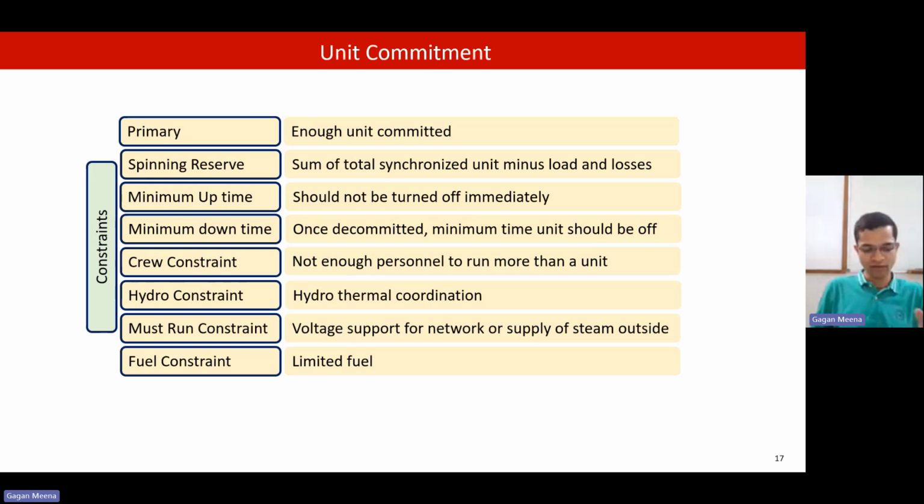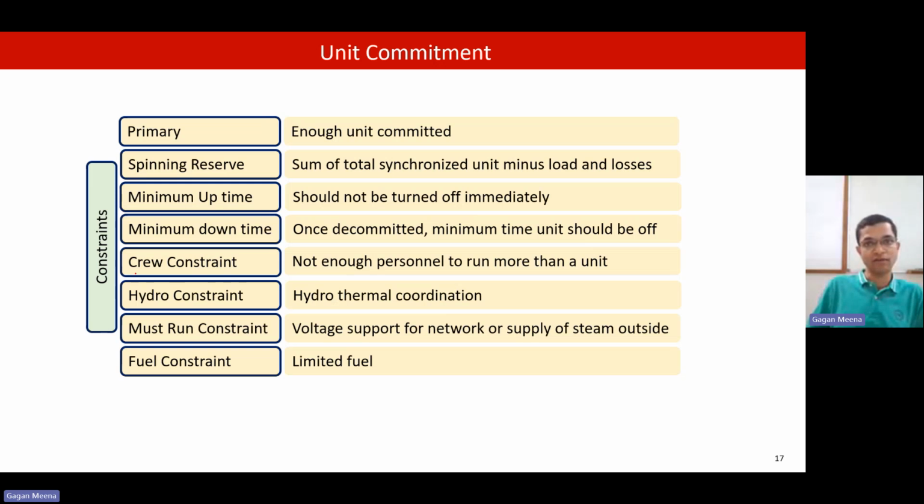And sometimes if the coal availability is limited, then we need to use only a limited amount of coal. That also needs to be taken into account. Although the demand is very high, due to limited coal availability, I may not be able to generate that much. All these are different constraints which need to be satisfied.